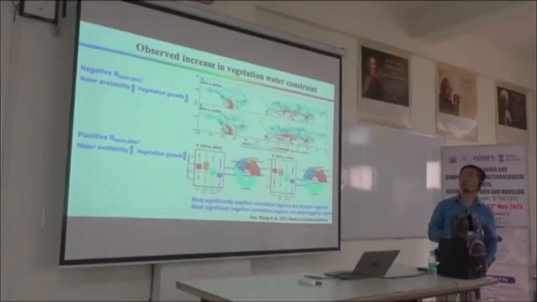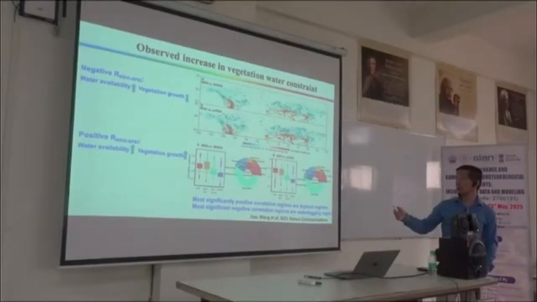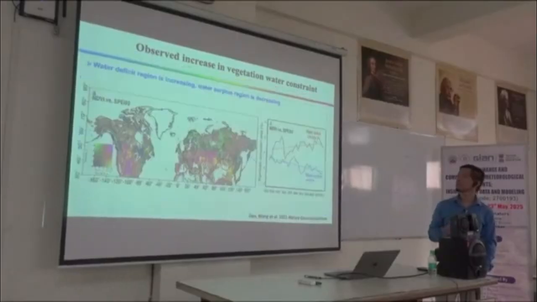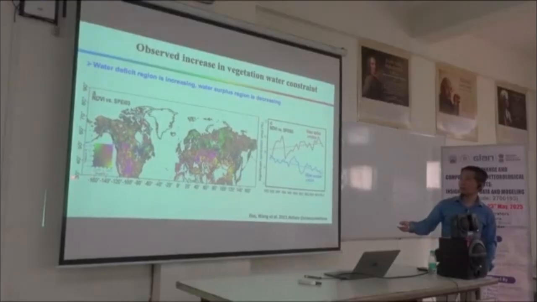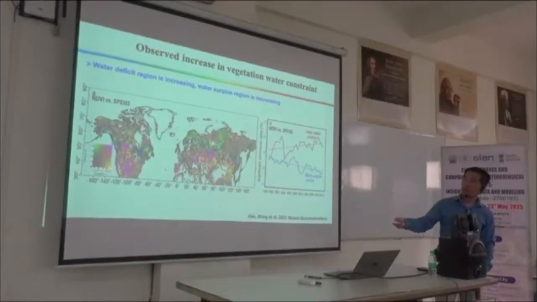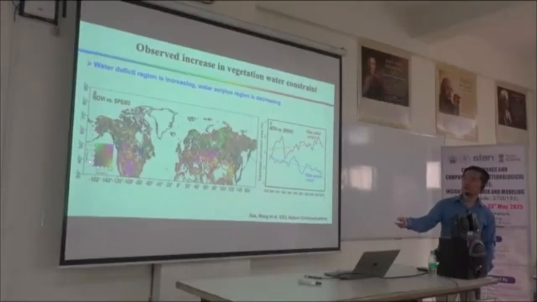Really the more important thing is we are looking at how these correlations are changing. So this map has two-dimensional information. You have whether they are positive correlation or negative correlation, and then also whether the correlation is increasing or decreasing. So you can see there are places with a pink color.